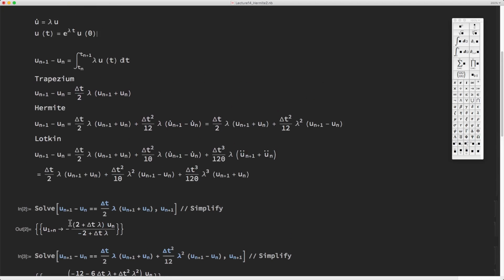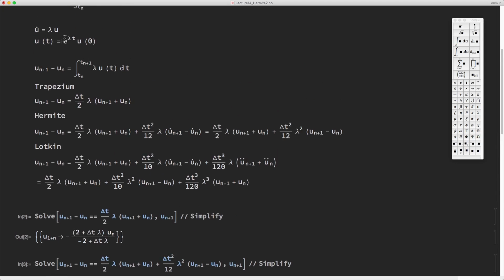But of course, you can only do that if this is a linear equation and you know that the solution is of this form. But the nice thing about these rules is that they can be applied in any system, in any ODE or system of ODEs, whether they are linear or not. The only difference is that if they're non-linear, then you would have to iterate the equations in each time step.